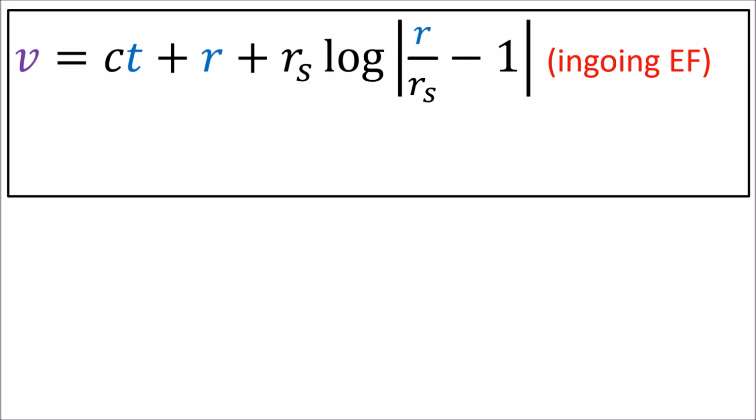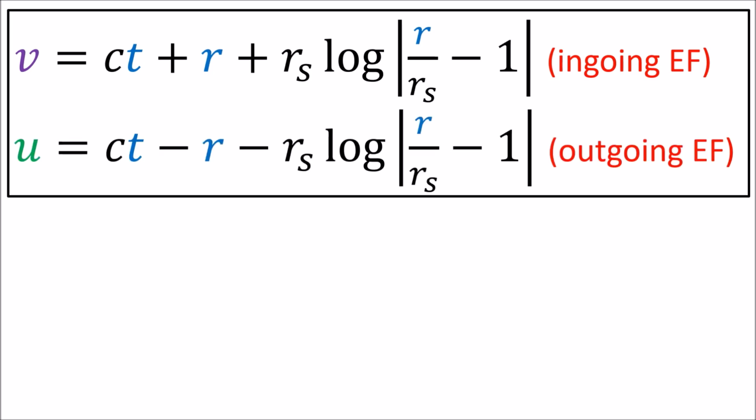So if we want coordinates where light beams work fine in both directions, a first guess is to take the V coordinate from ingoing EF coordinates and the U coordinate from outgoing EF coordinates, and use them together to make a new coordinate system.